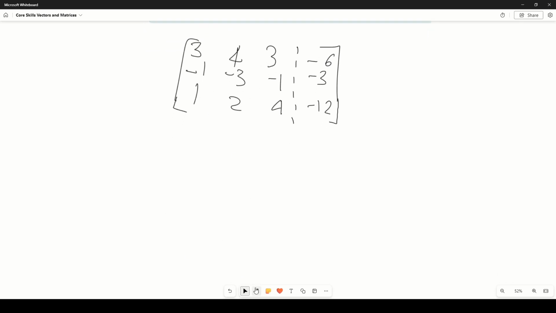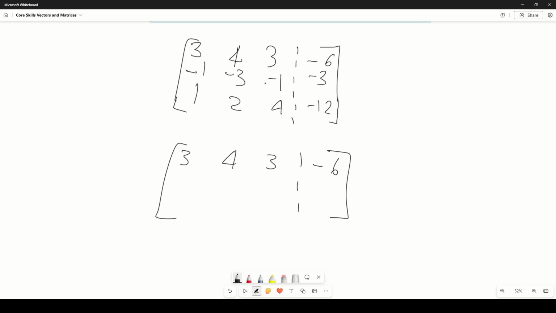Like this, for example. The first thing I'm going to do is try to get these two at the bottom left to equal 0. But how do I do that? I'm not modifying the first row at all in this first step. I'm going to leave it be.